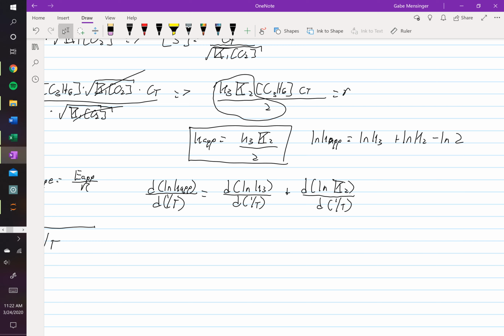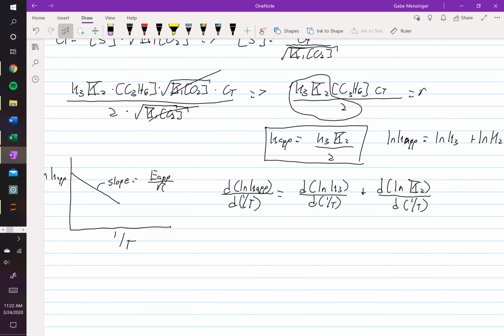As we said before, the slope of log K apparent versus 1 over T is the activation energy, or I guess the negative activation energy, because remember it's a negative slope. So this is going to turn into negative E3 over R. For the reversible step, capital K2, let me rewrite that so it's not so ugly.